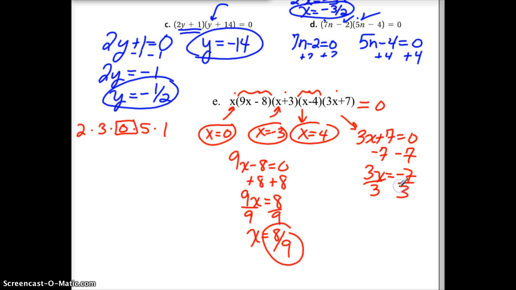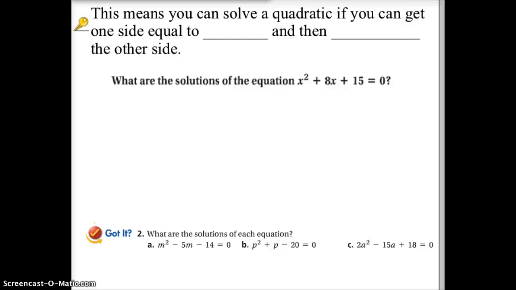Multiplication, so I divide. And I get x is equal to negative 7/3. So I had 5 factors with 5 solutions. Now keep in mind, we're working with quadratics, and those generally always factor into 2 factors, so we won't be having that many, but the theory behind it's the same.